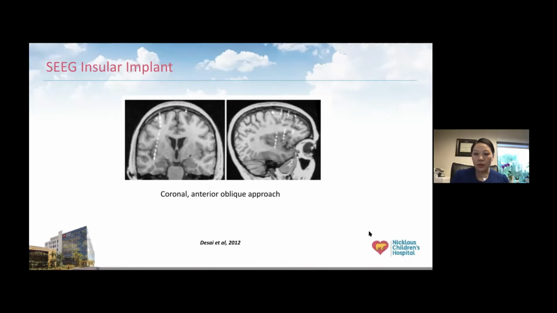This type of approach, for example the coronal anterior oblique approach, is also particularly useful in a commonly seen scenario where there's ambiguity of the role of the insula versus the frontal lobe in seizure onset.